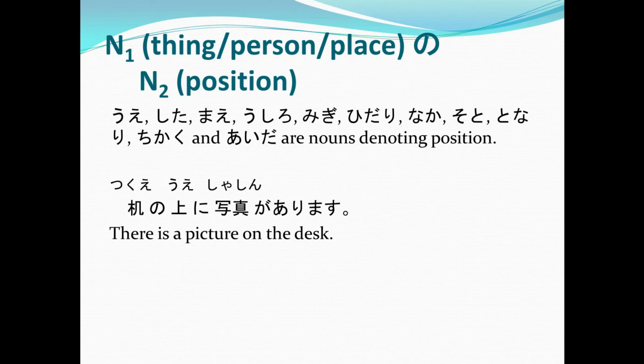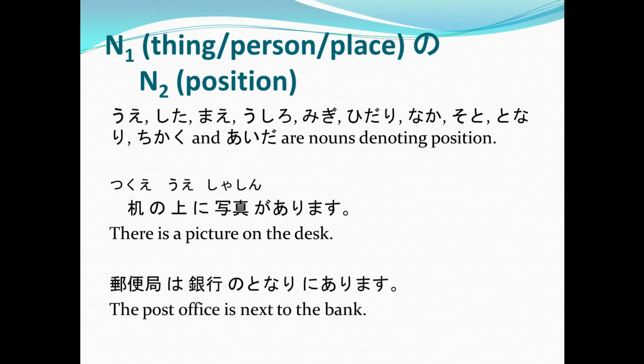Now, next example. Yubinkyoku wa ginko no tonari ni arimasu. Again, Yubinkyoku wa ginko no tonari ni arimasu. So, the post office is next to the bank. Note that noun 1 is the ginko, and then we have the particle no, and then the N2, or the position, is tonari.